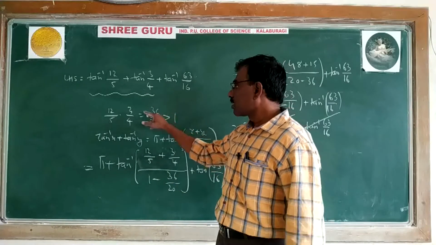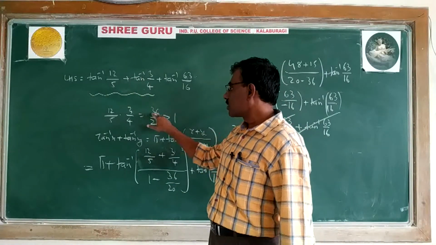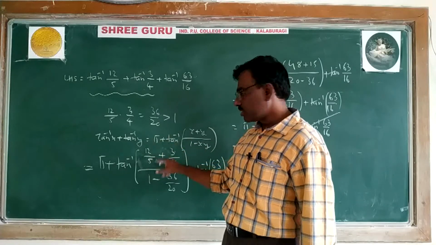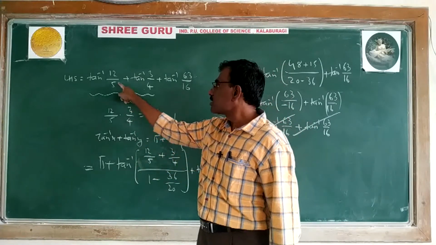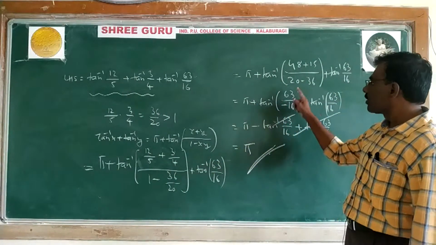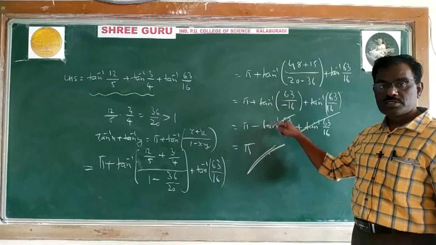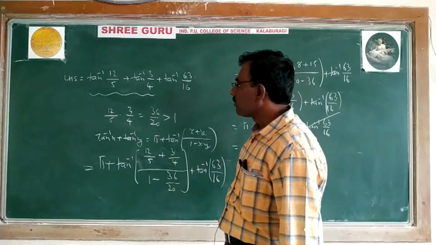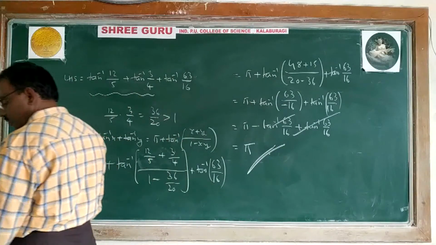Now I am taking 12 by 5 and 3 by 4, 36 by 20, which is greater than 1. What is the formula? Pi plus, and this is x, this is y, (x plus y) by (1 minus xy). Finally it is tan inverse of minus x, minus tan inverse, so both cancel. Pi is the answer. And this is the most important problem.